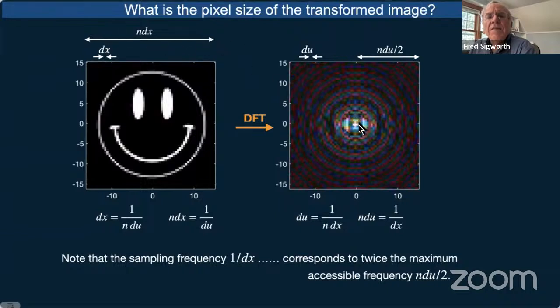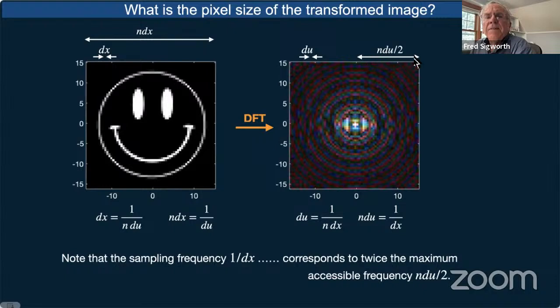That is, as you move from one pixel to another, you're increasing the frequency of the grating by one cycle per the entire width of the object. Now, what about this? Well, this is zero frequency in the center, and this is high frequency over here on the edge.